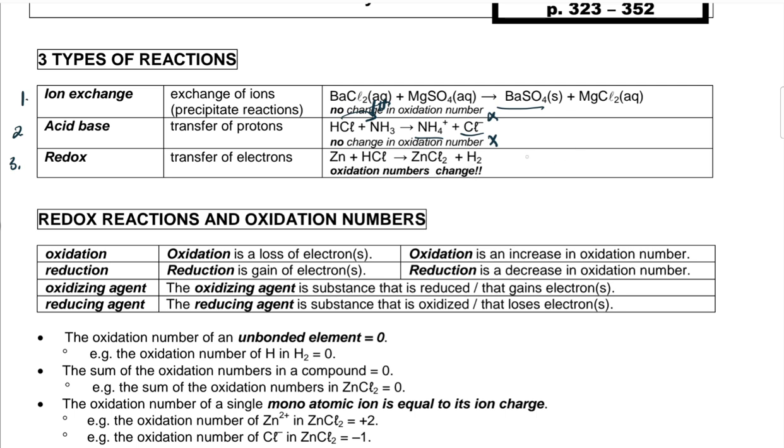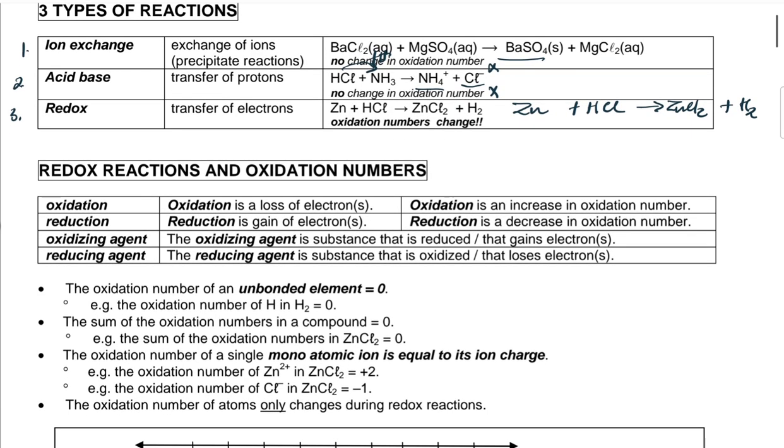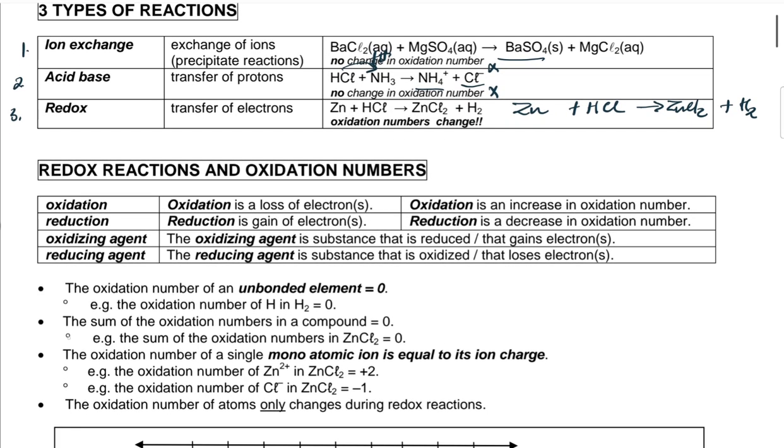So now to explain this for grade 11s for now, just watch what I'm doing here. But for grade 12s, I know you are familiar with this. The oxidation number for the free element, there should be some rules here at the bottom, so it's going to be 0.